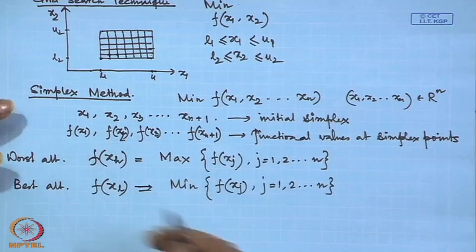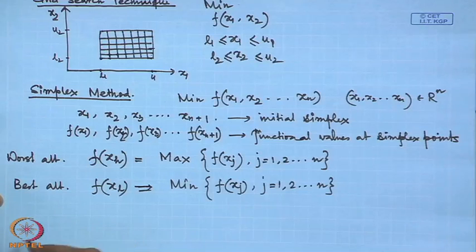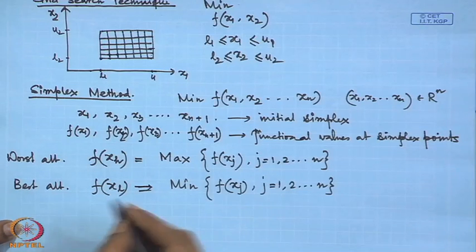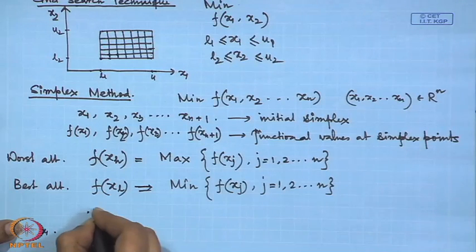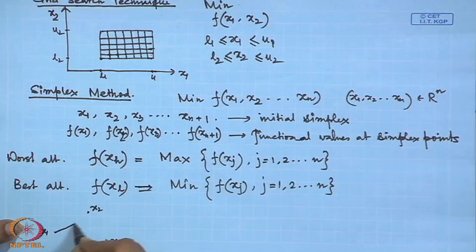How the simplex looks like. If I consider R2, a 2 dimensional space, I can consider this is x1, this is x2, this is x3, and that would be the simplex in 2 dimensions.